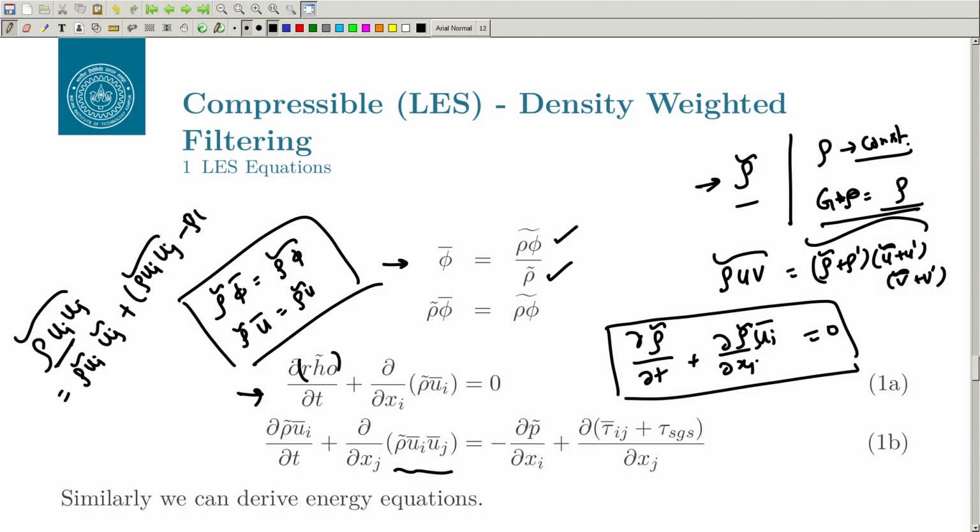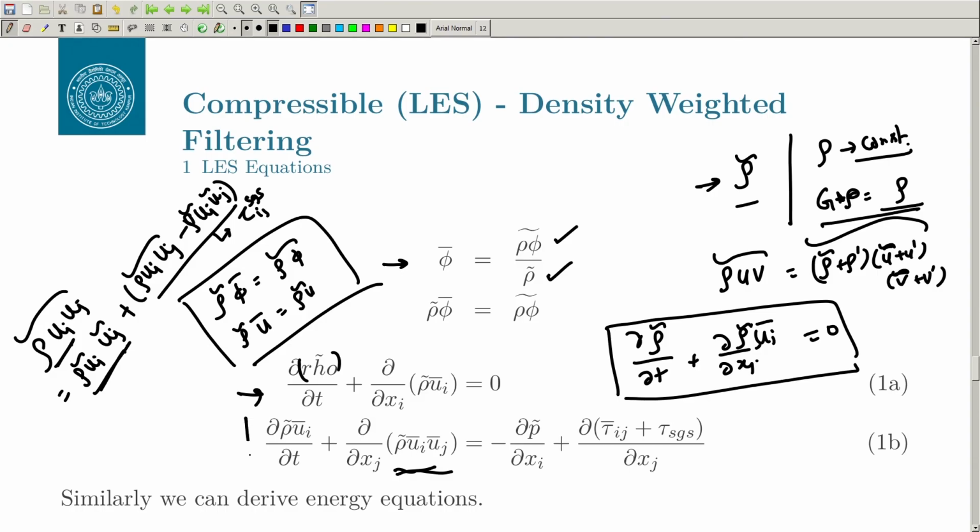This term can go to your SGS stress, tau i j SGS, and this term is what will come here, and the filtered rho u i can be written as rho bar u i tilde.